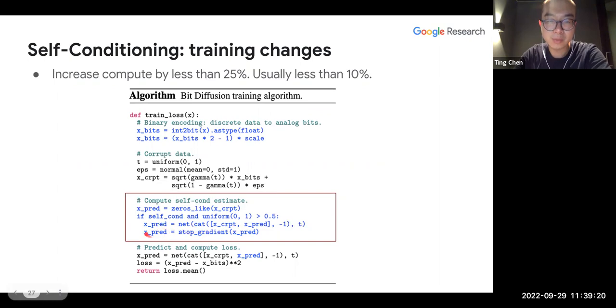Now we use that as the conditional signal during training. So we concatenate the noisy state and the one-step prediction of the data together as the input to train this denoising network to take advantage of this additional conditioning factor. In training this only increases the compute by less than 25%, usually less than 10%.